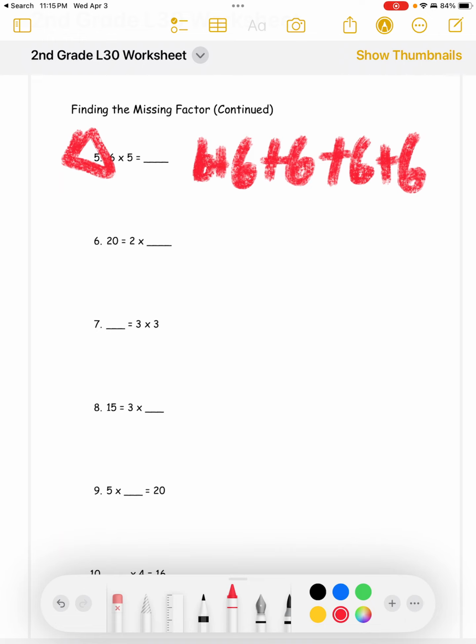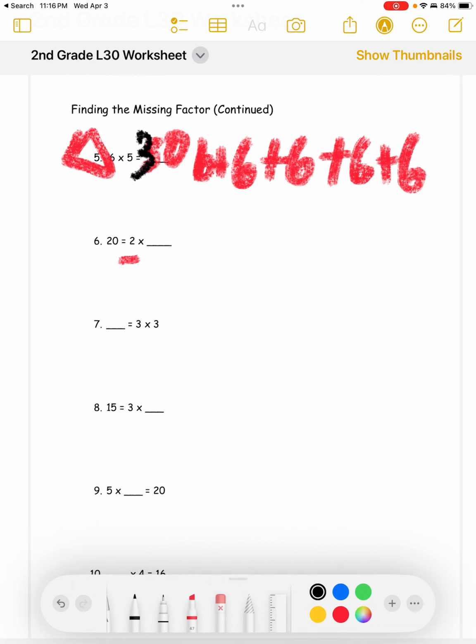That's what multiplication is, just adding it the blank amount of times. So 6 times 5, or 6 plus 5 times, is 30.